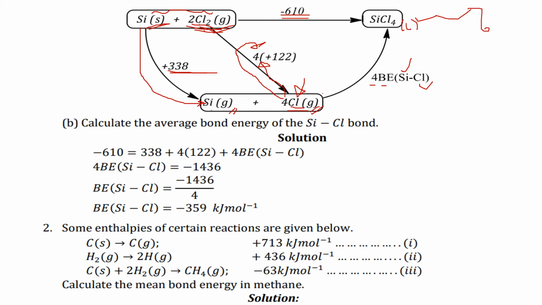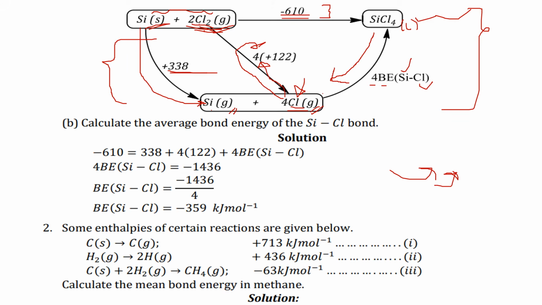So if you look at this diagram, all our arrows are going anti-clockwise. And if all our arrows are going anti-clockwise, we are going to be applying Hess's law, and you're going to be saying that this energy is going to be equal to the summation of all these values. Now in the enthalpy of combustion, we were always subtracting the value which was going on this arrow, simply because the arrow in enthalpy of combustion is always clockwise.